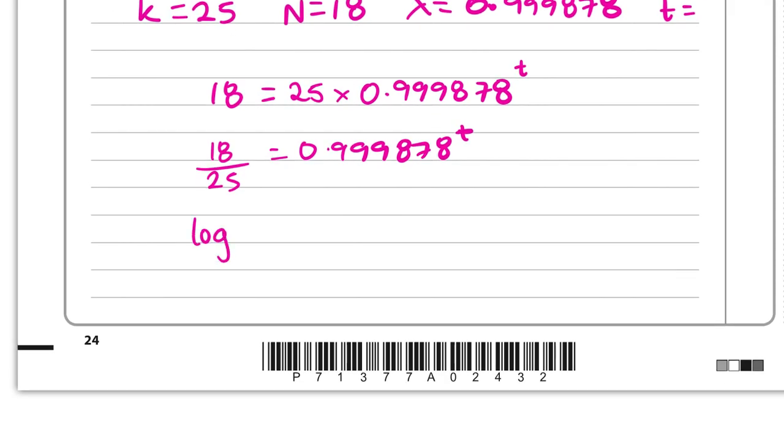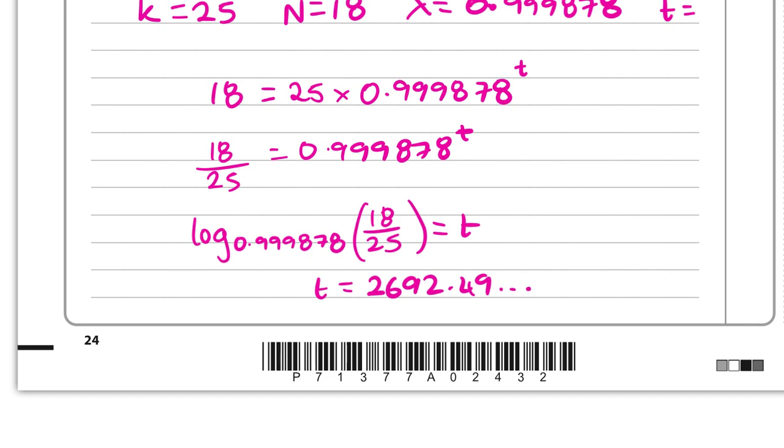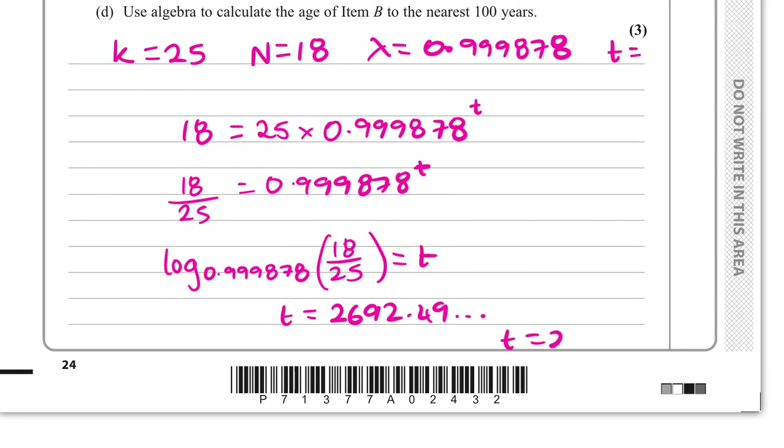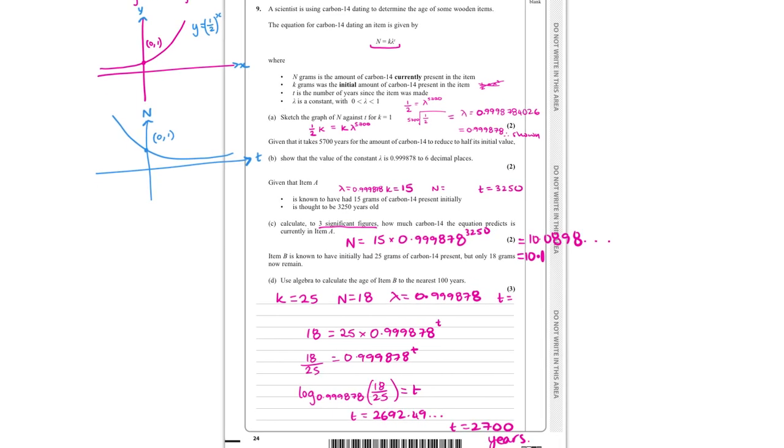So log to the base 0.999878 of 18 over 25 equals t. Okay? When I put this into my calculator, I'm going to get 2,692.49. And it asked me to round it to the nearest 100 years. So t is 2,700 years.